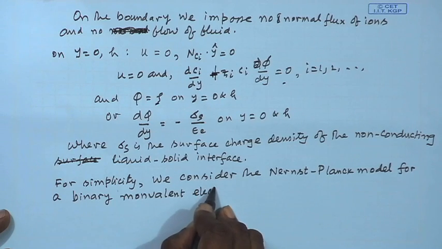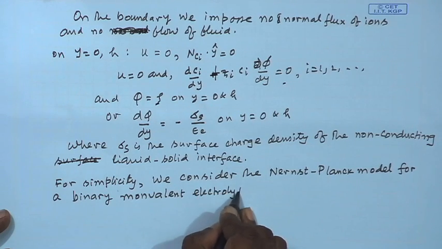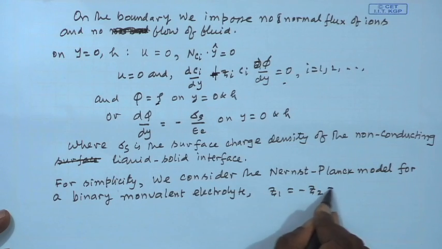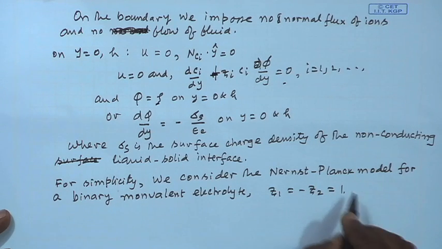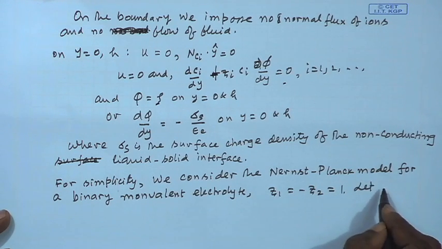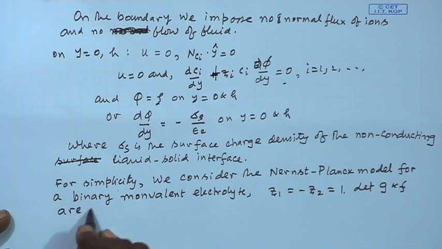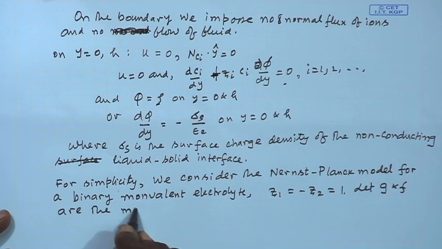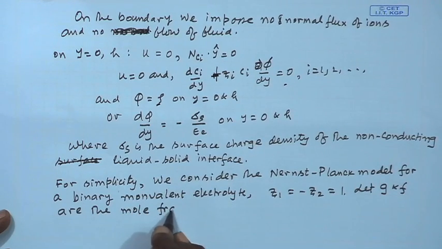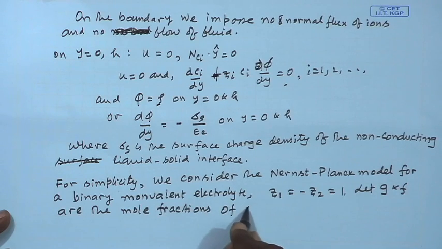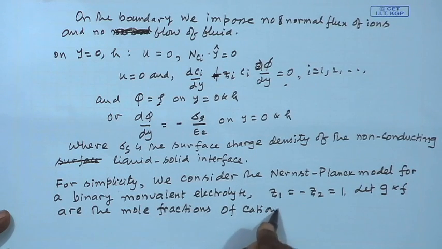So, in other words, you have Z1 equal to minus Z2 equal to 1, and let G and F be the mole fractions of cations and anions.